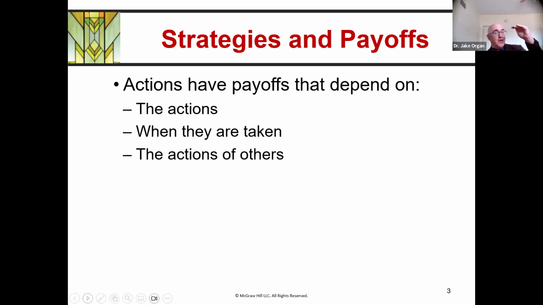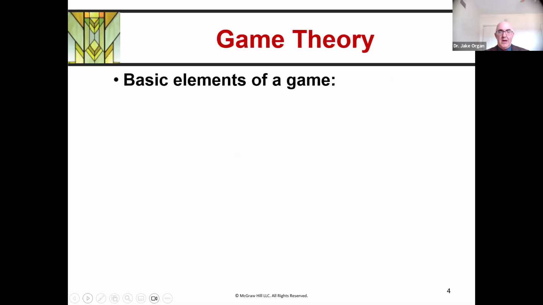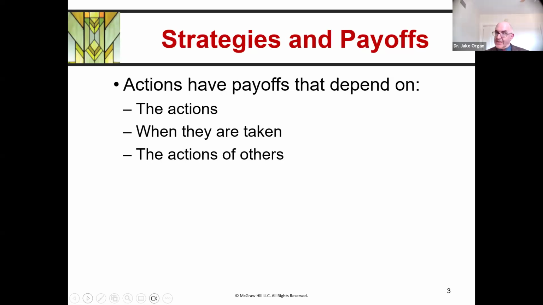In monopoly, it's just this one company with the entire market in front of you. But in oligopoly, it's you and the other big player or the other two big players. If Mr. or Mrs. Coors are thinking about a new range of beer, they have to be thinking about what Budweiser is doing, especially price-wise and quality-wise. So that's the actions, the timing of the actions, and the actions of others.